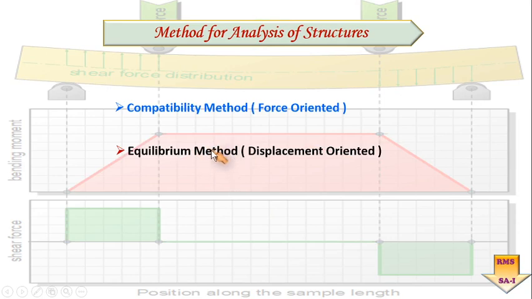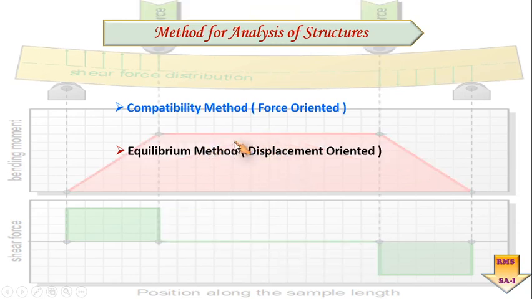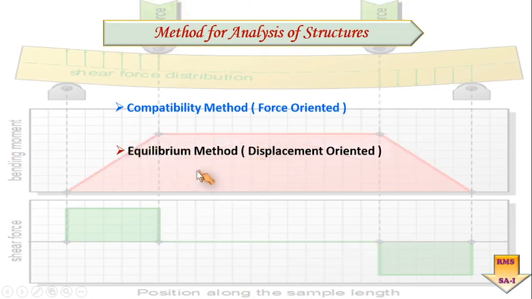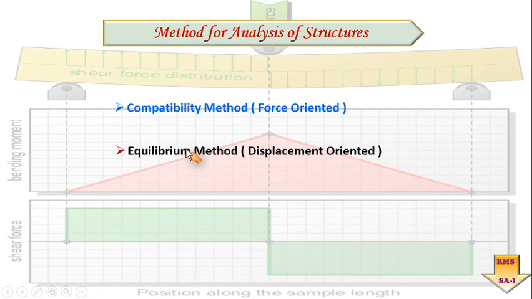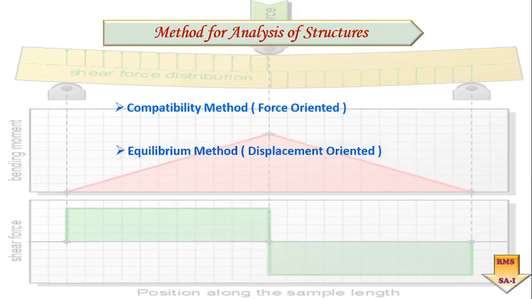Whereas in the equilibrium method, displacements are going to be the unknowns. Those displacements are found by observing the equilibrium of that particular joint. So this is the basic understanding of the compatibility method and the equilibrium method.